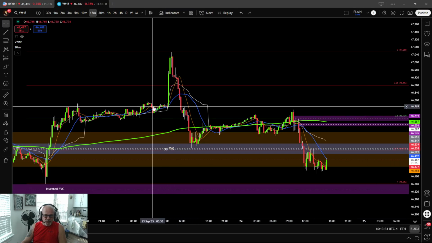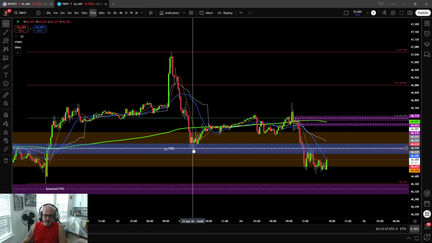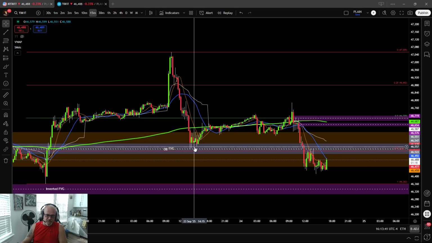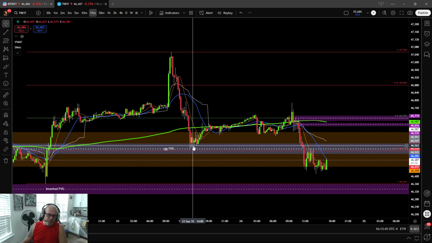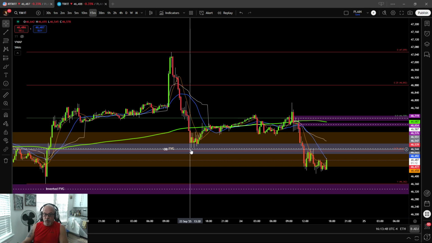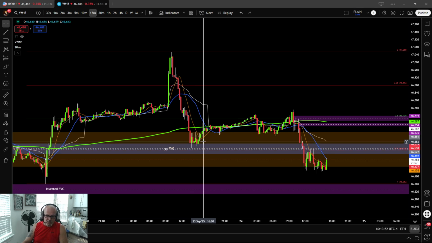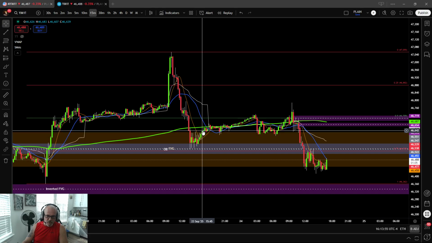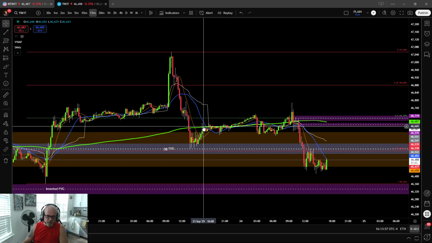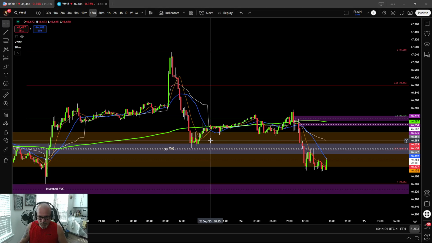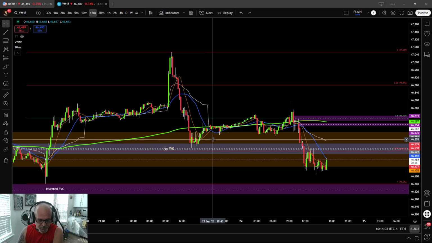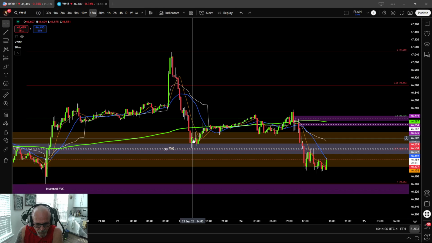And so we came down yesterday and we touched into this level. I wanted to be trading here, but I don't typically trade the afternoons. I trade the mornings. So I was not on the charts when we hit this level. I certainly would have taken a long from this level. Okay. The thing is, I would have had to close the trade at 4 o'clock or 3:45, whatever, when we got back up to the 200 SMA. Okay.